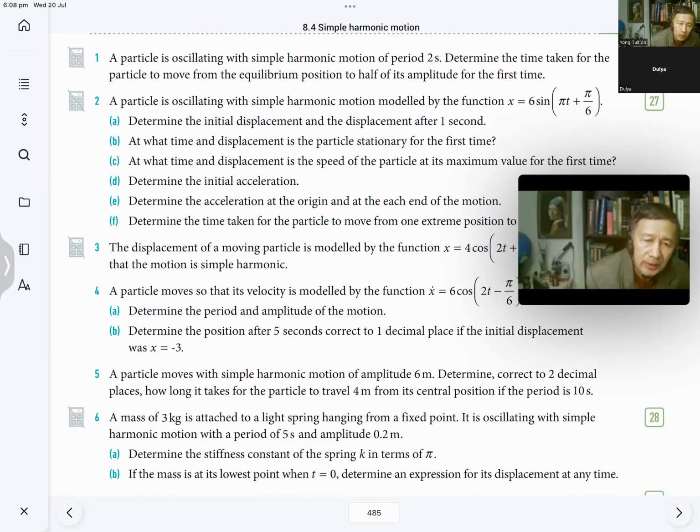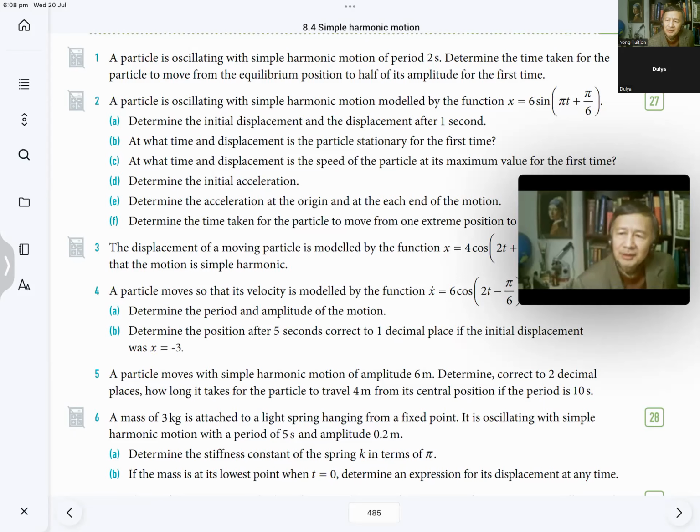Can you read question B? At what time and displacement is the particle stationary for the first time? Stationary, you have used velocity. You are right. To answer B, you have to determine the velocity formula first. Can you write it down? Can you write anything on your side?